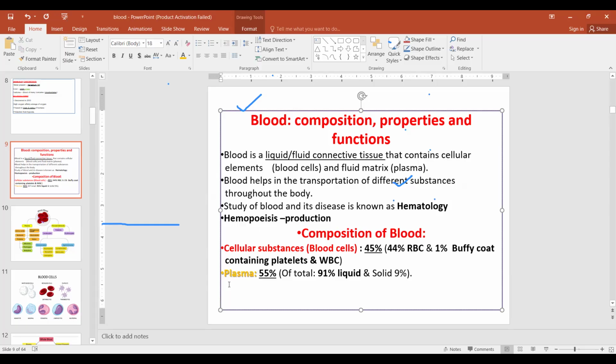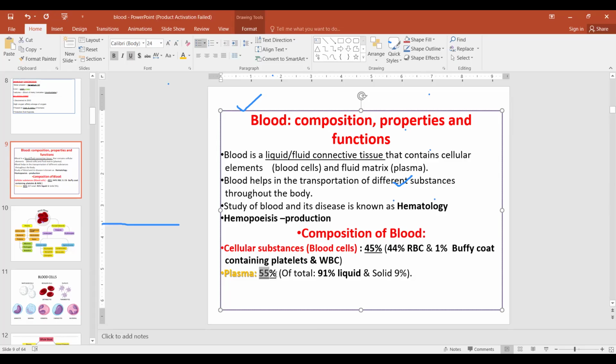So here blood has two components. One is the cellular component and the other is the plasma fluid component. In the total blood, about 45% is occupied by the blood cells, both WBCs, RBCs, and platelets.